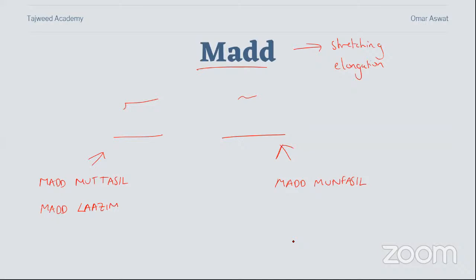So mad can mean stretching, elongation, and any other synonyms. But this symbol is mad muttasil or mad lazim, which is stretching for 5 alifs and 6 alifs, and mad munfasil is stretching for 2 to 4 alifs. So that's something for you to hopefully be motivated to learn, look into, and actually apply and practice.